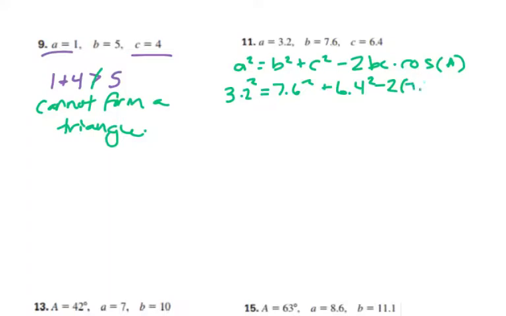B is 7.6, C is 6.4, and then times cosine of A. Alright, so let's find each of these values.